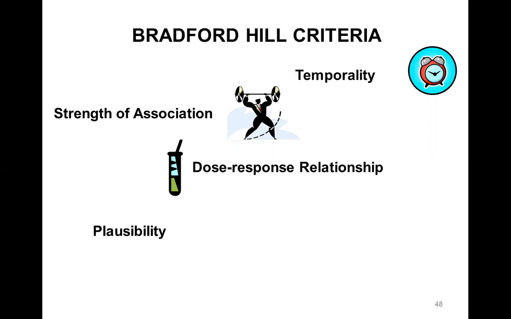If you have a patient, they take your antipsychotic and they get a hangnail, right? There is no plausible reason to think that that is being caused by the antipsychotic. So you have to have a plausible pathway to explaining how this relationship could be causal. Consistency. If there's 20 studies that have been done on the question and 19 all give you the same result and one doesn't, that's considered consistency.